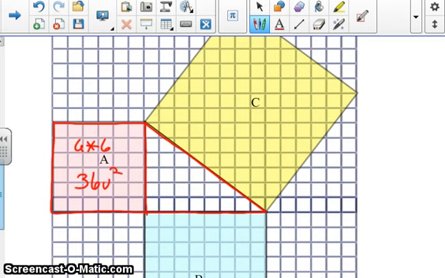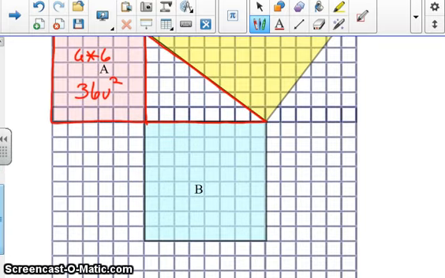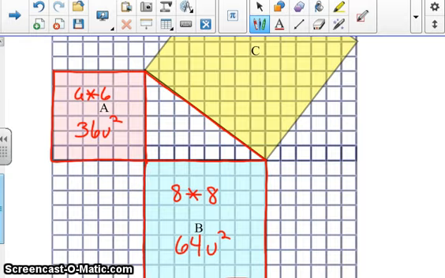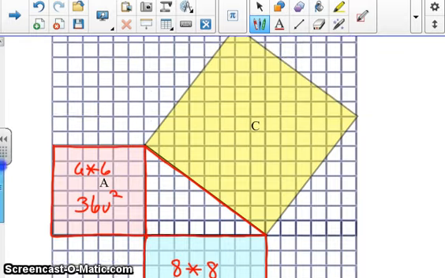If I look at the square that's been built on the second leg, or square B, I can see that it's 8 units by 8 units, and that means its area is 8 times 8, or 64 units squared. According to the Pythagorean theorem, that means that the square on the hypotenuse should be 36 plus 64, or 100.